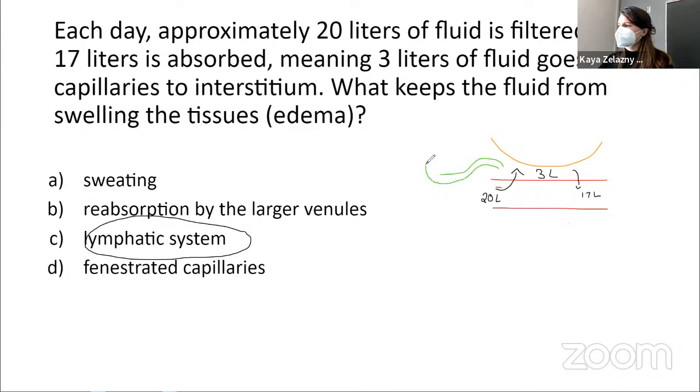Running into lymphatic veins that drain that fluid and ultimately return the fluid to the venous system right before it goes to the heart. So they return that fluid to the heart. So we'll start out with the lymphatics next time. But this is going to be why we don't have swelling happening endlessly day by day. We do get that fluid trapped.